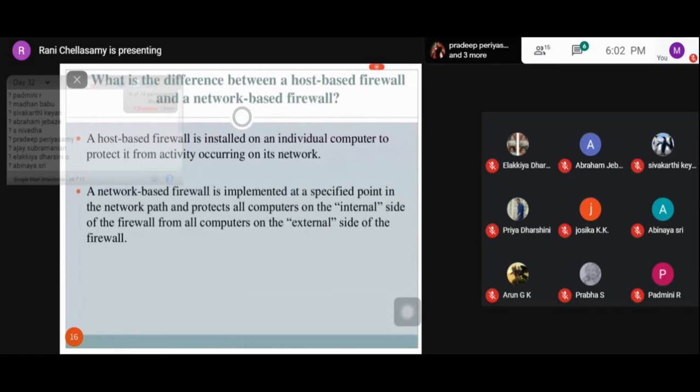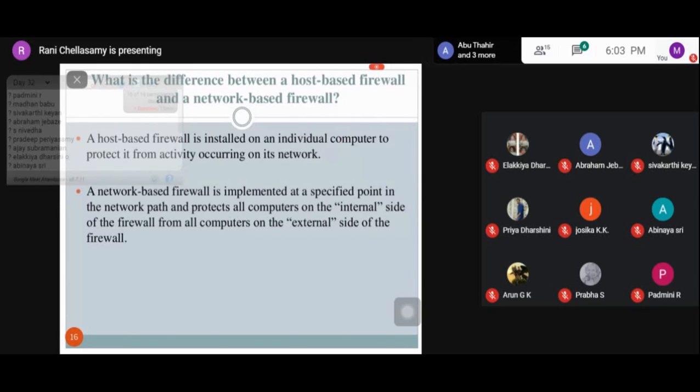We saw this concept in the first slide itself, with the private network and the public network. So that is a network-based firewall.